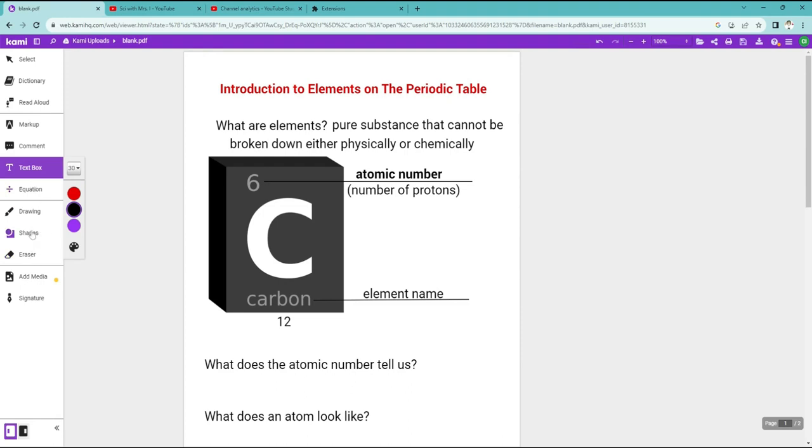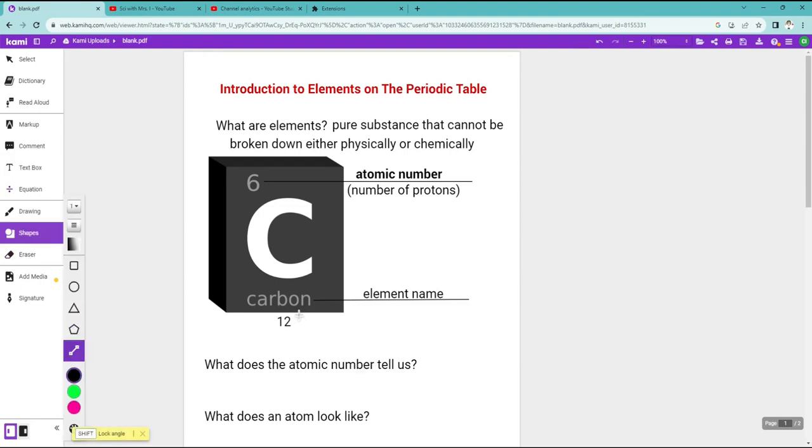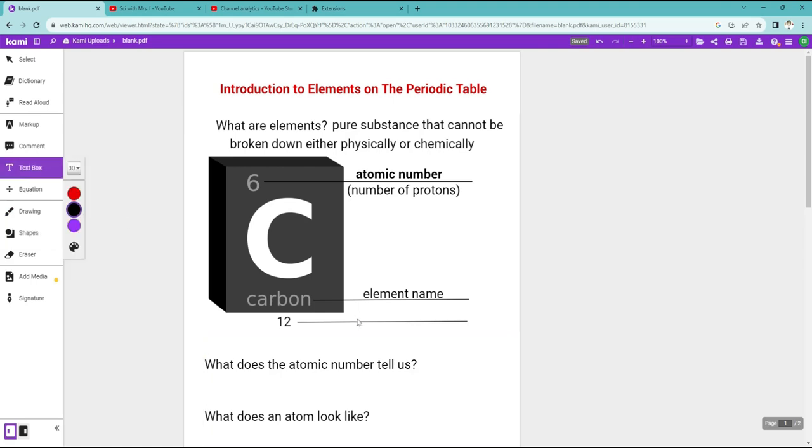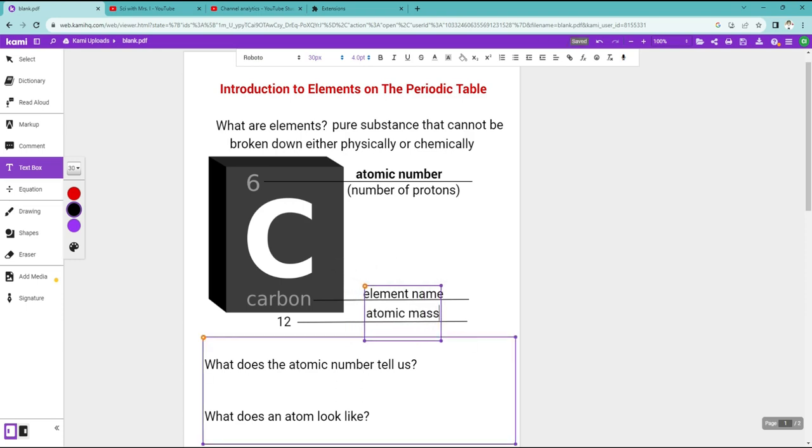When we look at that number underneath the element carbon, that is going to be our atomic mass. The atomic mass is often the average, so again, that's why you're going to see a decimal.